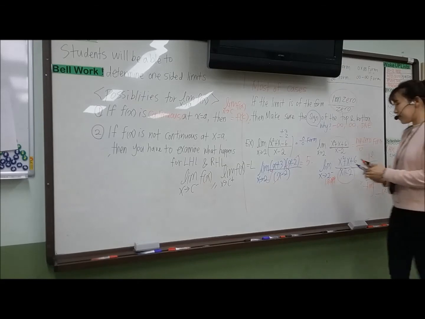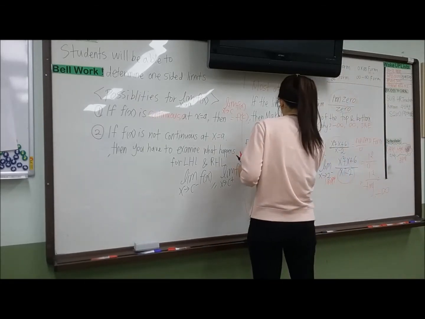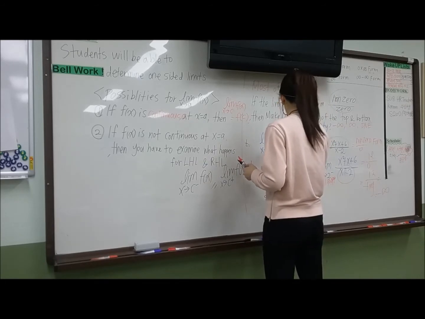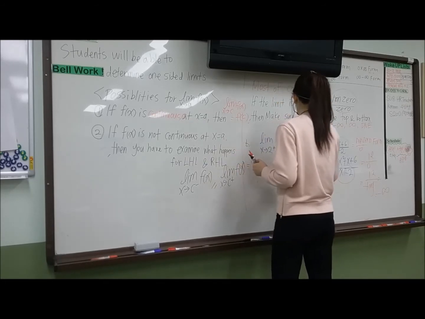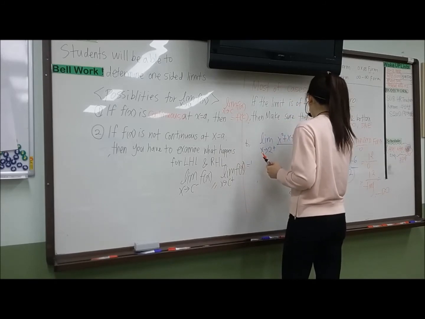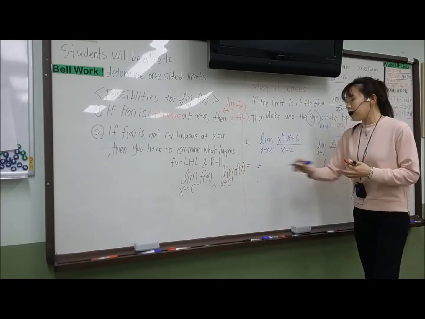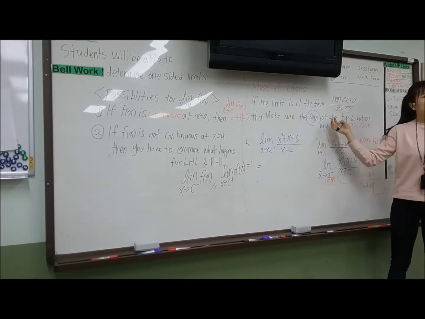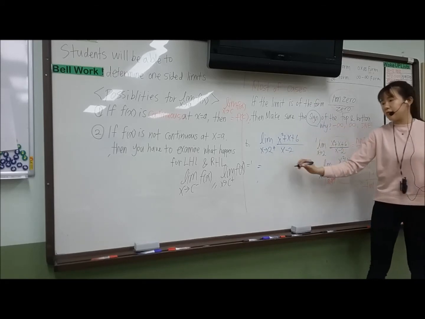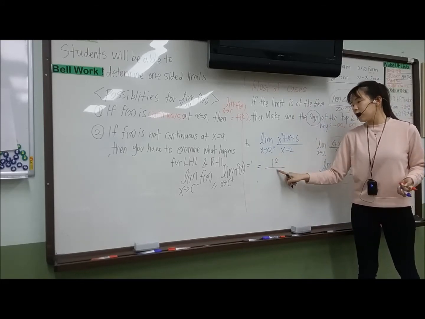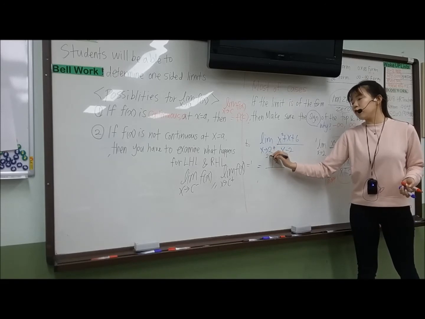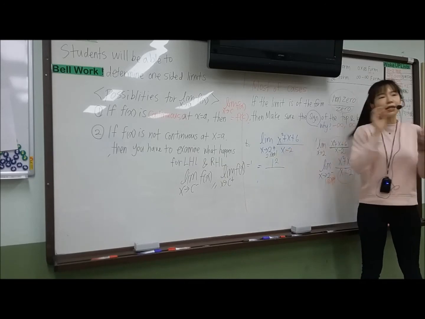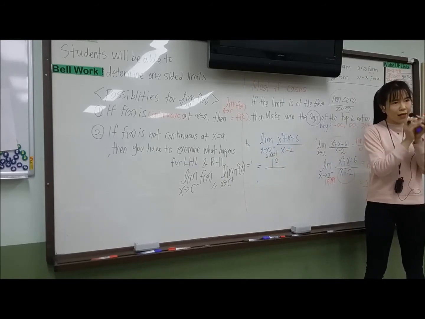Let's look at the positive side. Let's look at x approaching 2 from the right hand side. We have the same function. One limit from the left, one limit from the right. So it's still 12 over, and we're thinking about 2.00001. If you put it in here, it's a tiny number with a positive sign.